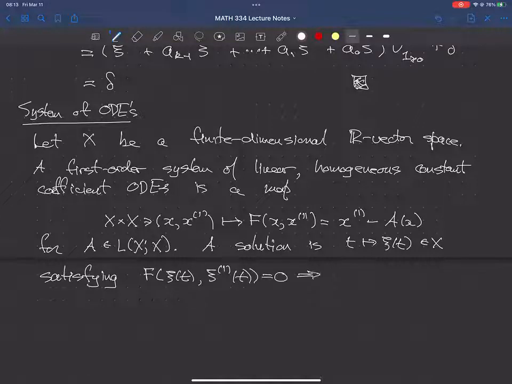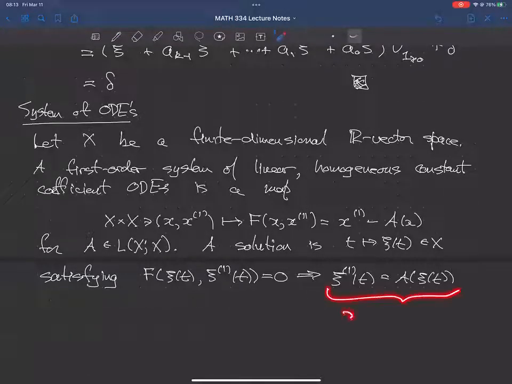And this simply means that c1 of t is A of c of t. Okay, and you may be more familiar with this kind of an equation as x dot of t equals A x of t, where x is a vector in Rn and A is an n by n matrix. Okay, again, I prefer to do this in the more abstract setting of vector spaces. I think it's less confusing.